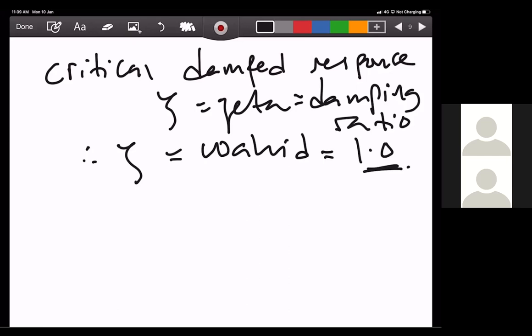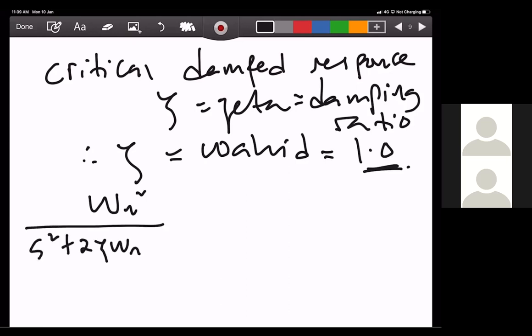Then what is the standard equation? Omega n square over s square plus 2 zeta omega n s plus omega n square.